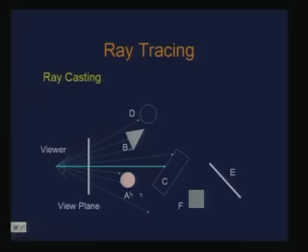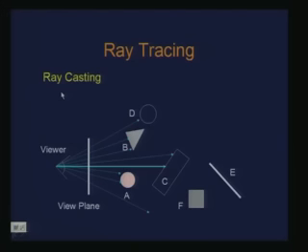So, that is a simplified scenario where we discard the further secondary rays beyond the point of intersection. So, that we call ray casting or one level ray tracing.